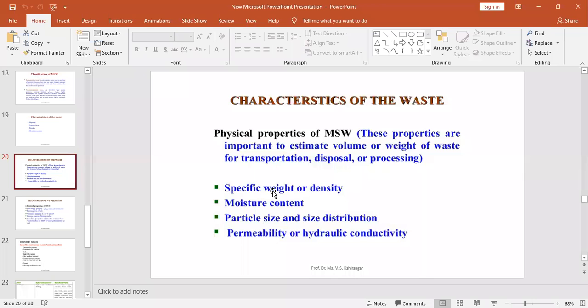What is included under the physical properties of municipal solid waste? Specific weight or density, then moisture content, then particle size and size distribution, then permeability or hydraulic conductivity. These are the factors included under the physical characteristics of municipal solid waste.